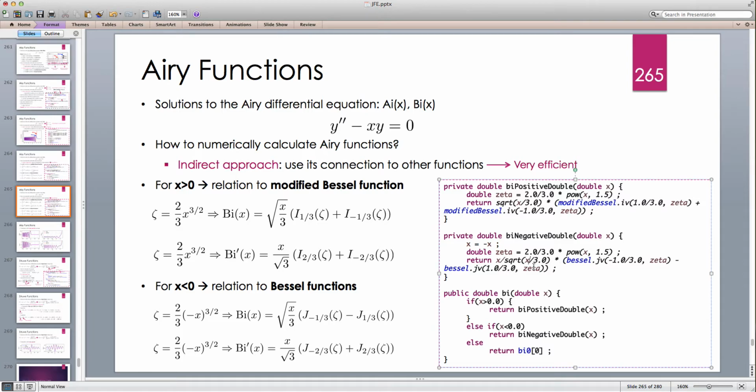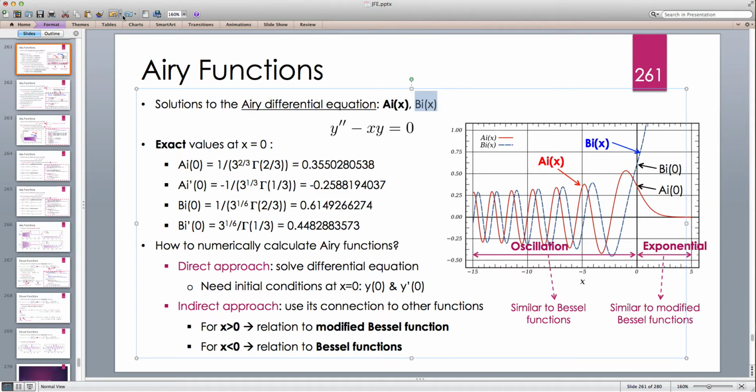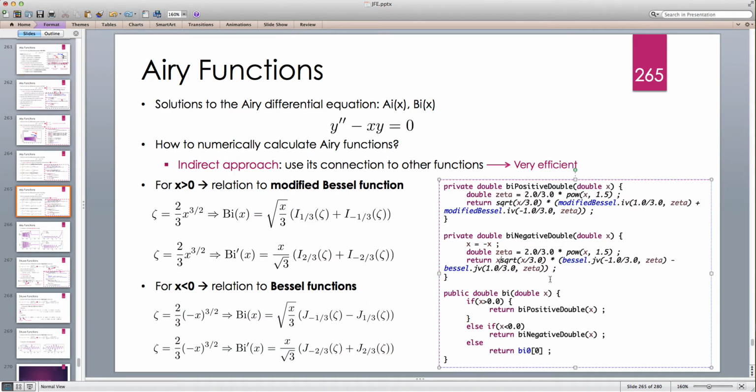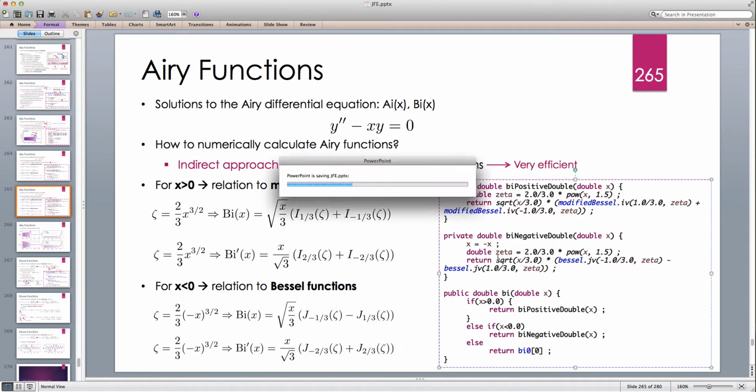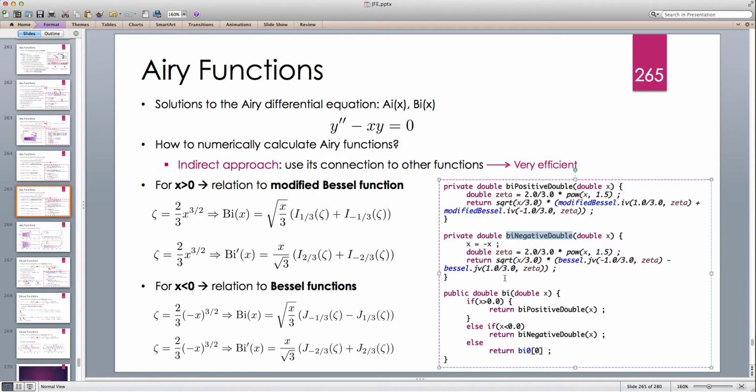So x over a square root of 3 Bessel J nu minus... okay, sorry, this is the Bessel function, not the derivative. So this is correct. So Bi negative, this is Bi, not the derivative, right? So this is this equation for negative: square root of x over 3 Bessel dot J nu minus 1/3 and zeta, minus Bessel dot J nu 1/3 and zeta.